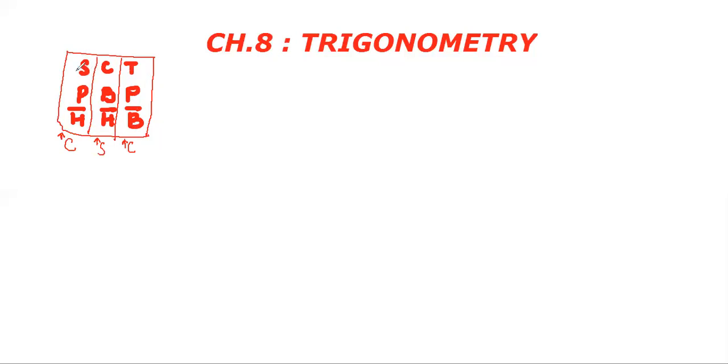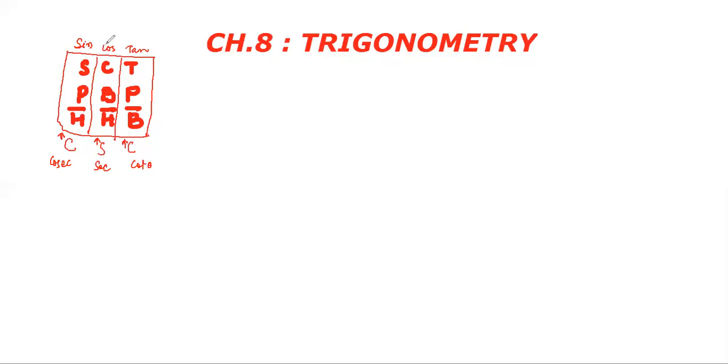So if you are reading it from this direction, it is sine theta, cos theta, and tan theta. And if you read it from this direction, it is cosec theta, sec theta, and cot theta. So Pandit Badri Prasad har har bole, sona chandi tole.